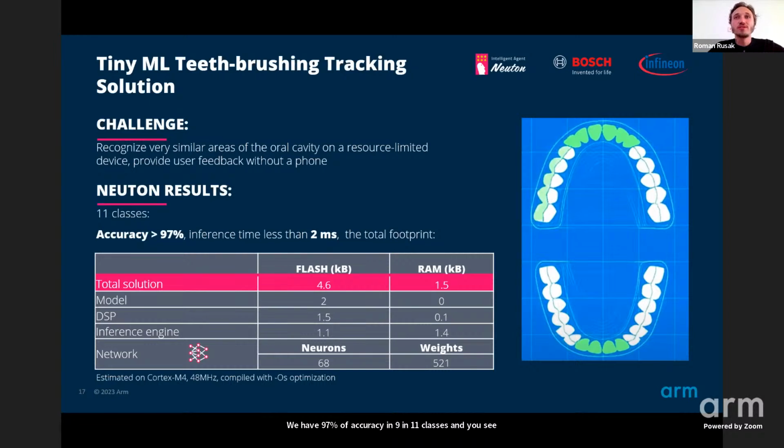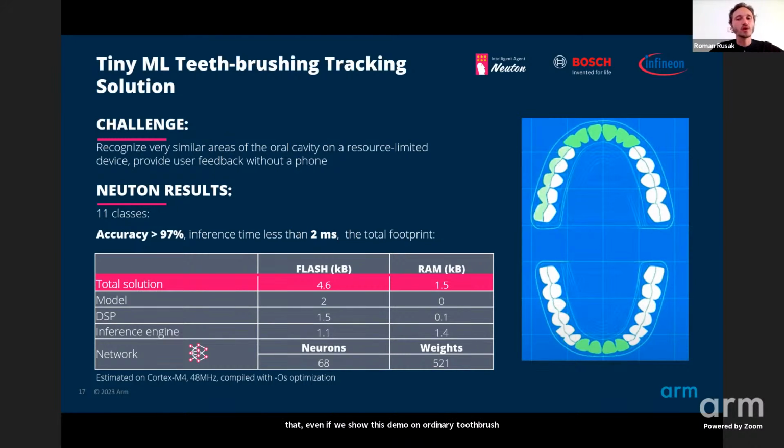For the demo, of course, we demonstrate feedback with animation, but our tinyML solution works completely on the device level, and you can provide user feedback without a phone, for example, with LED indication or with the help of haptics.